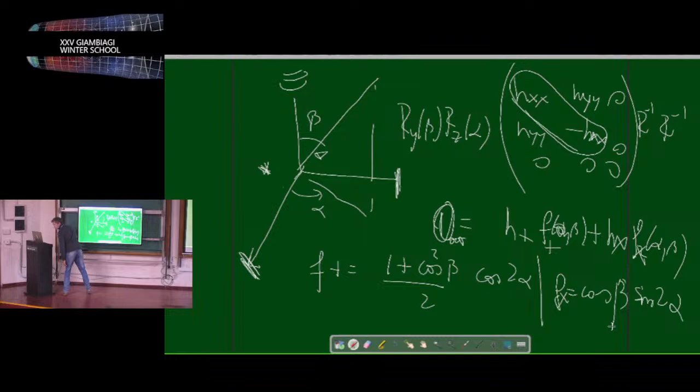Beta goes to pi over 2. No, it's okay. So the important thing is that if the wave comes from the z-axis, you only feel h plus. There, it must be a sine, no? Because when beta is equal to 0, it must go to 0. Okay, I will check that in the notes.